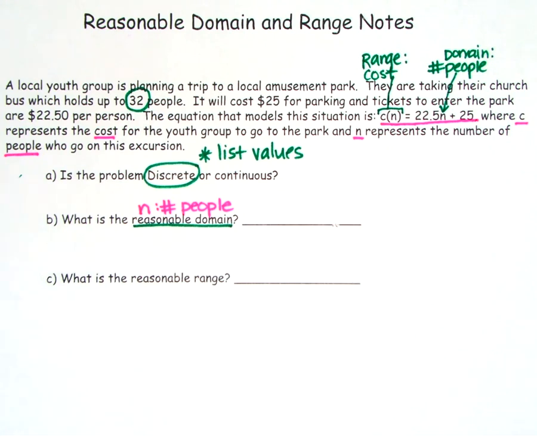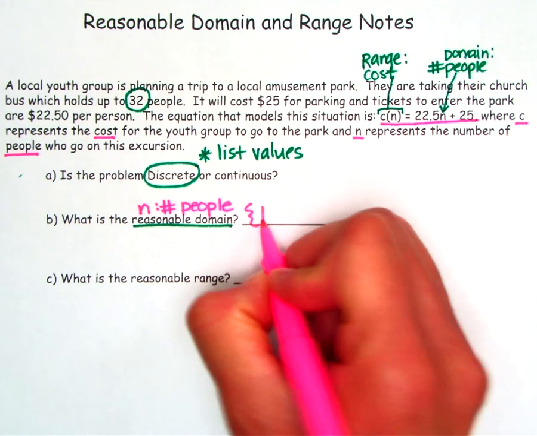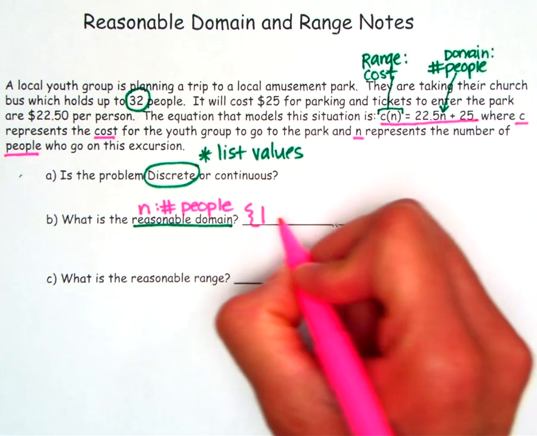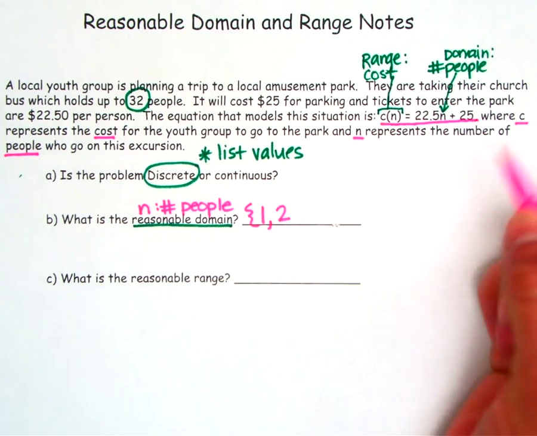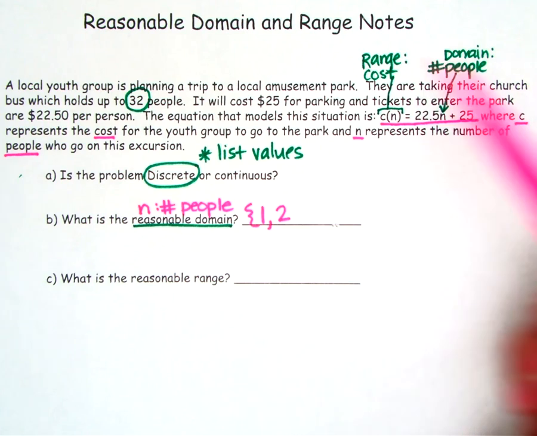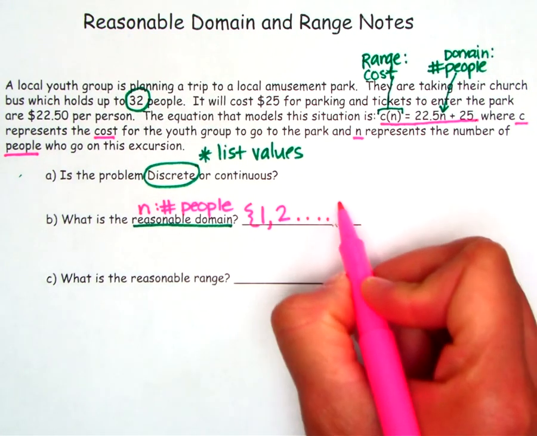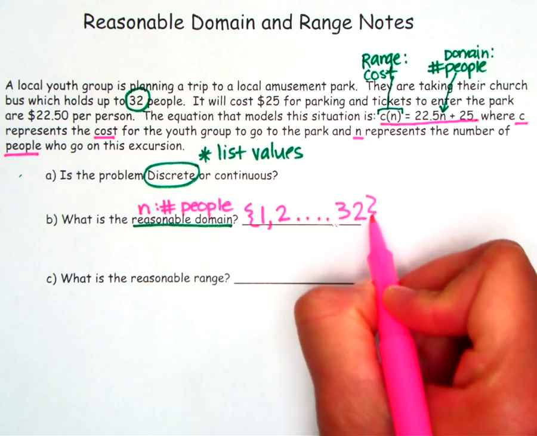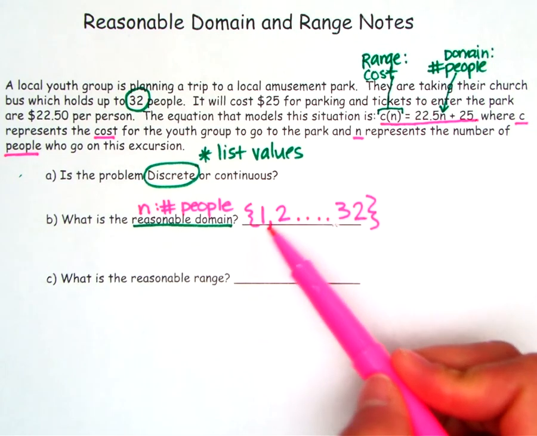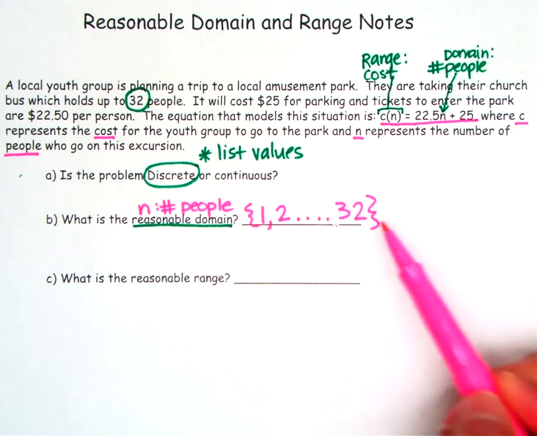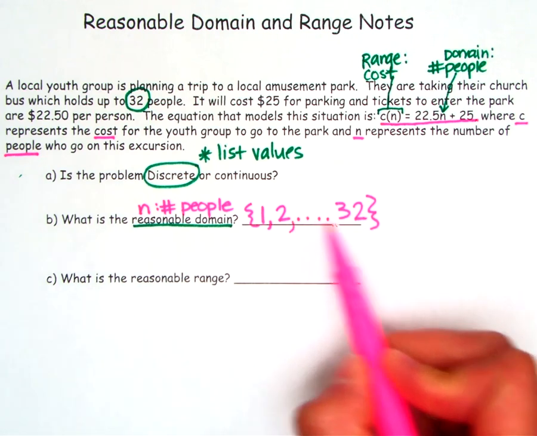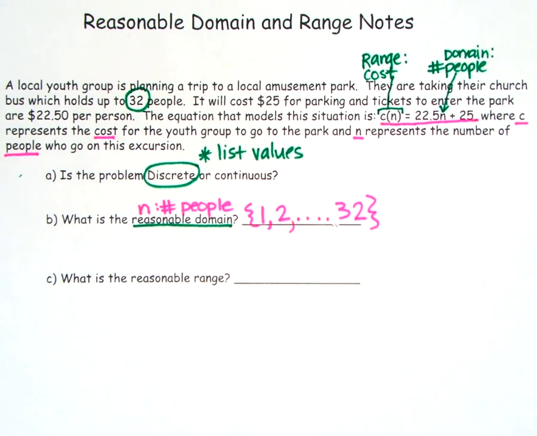Well, we can begin with 1 person attending this trip. And then we can go to 2, 3, 4. And because this church bus can only hold up to 32 people, we are restricted at 32. So we would list all the values from 1, 2, 3, all the way to 32. But we're going to go ahead and just use these dots to indicate that.